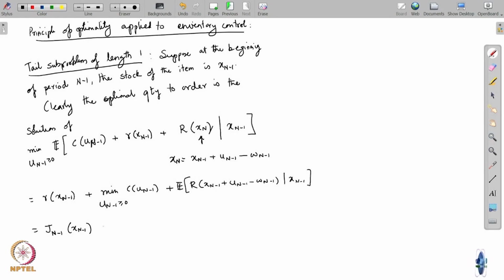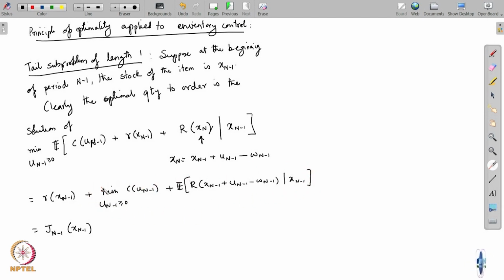This is giving us the optimal cost that you would incur if you started from state x n minus 1 at time n minus 1. Why is it the optimal cost? Because you have taken the optimal decision you could have taken starting from x n minus 1, which is to choose an action u n minus 1 that minimizes this particular cost.